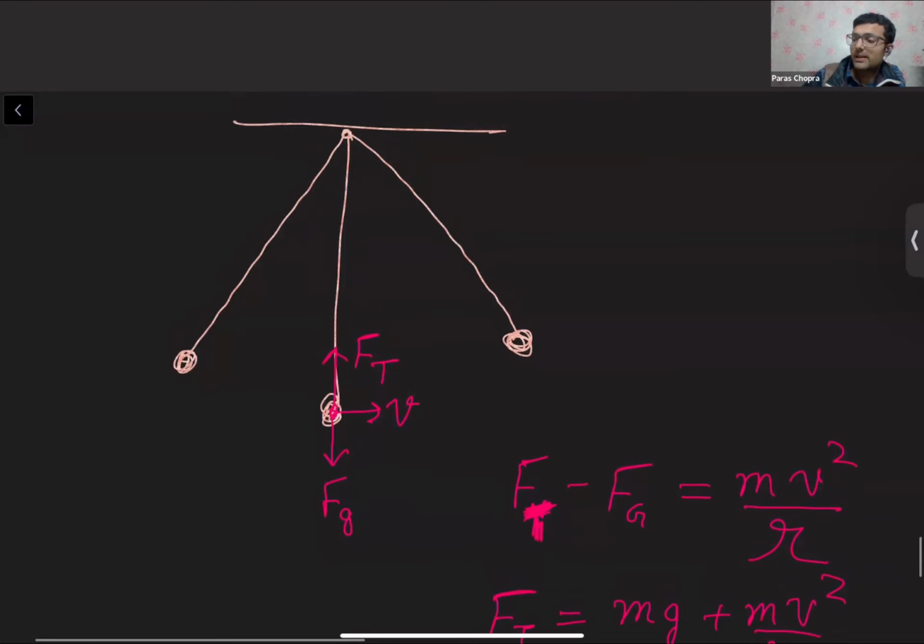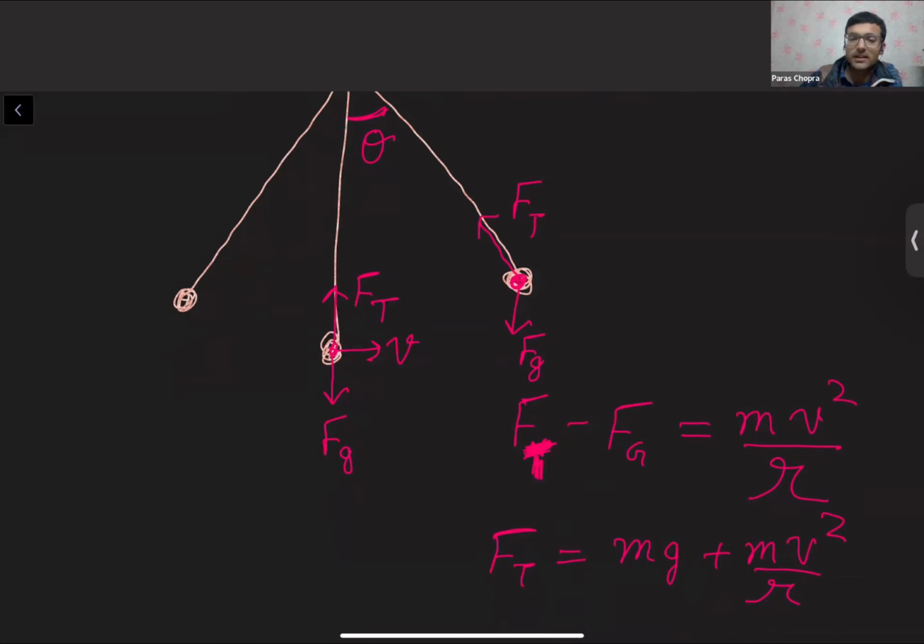And now we look at the extreme position. Let us say this angle is theta. So at this position there are 2 forces again. One is the gravitational force and the other is the tension force acting at some angle. So what will be the centripetal force in this case?